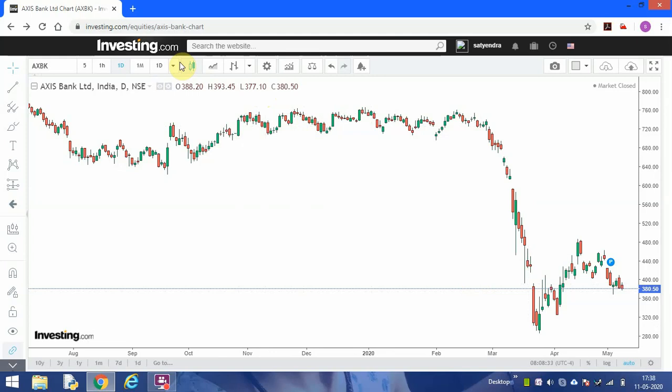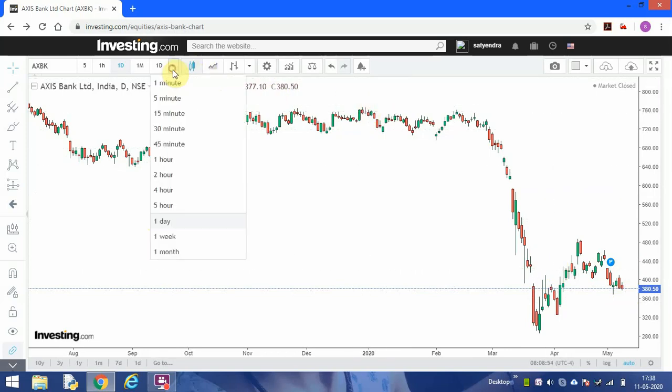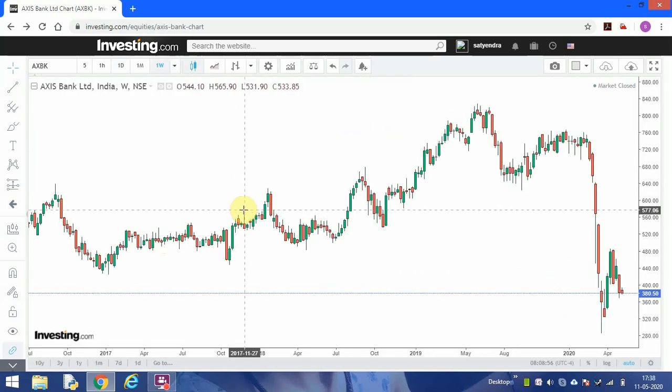First, you have to see what candle is formed on the weekly and daily chart on the stock. You go here and see it is a bearish candle. Then again you go and see on the weekly chart it is a bearish candle.